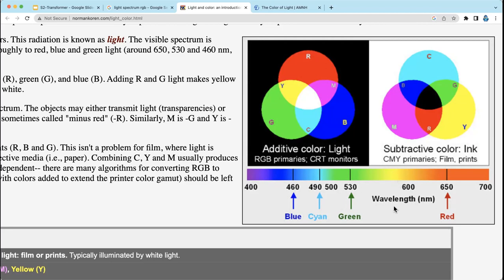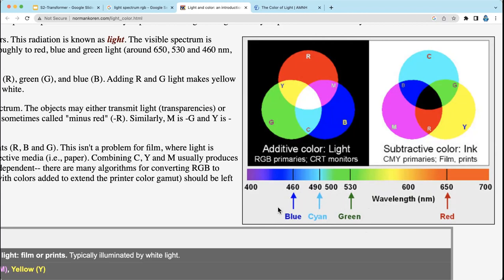This is just basic knowledge of color. For yellow, we have some weighted sum of green and red. If we combine blue and green, we get cyan.